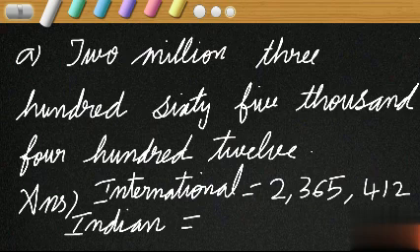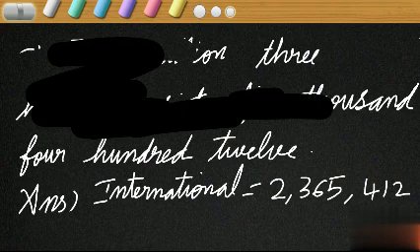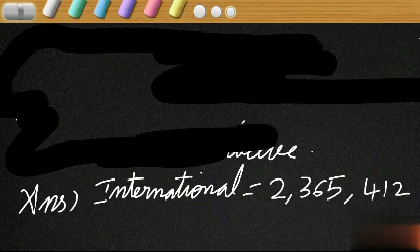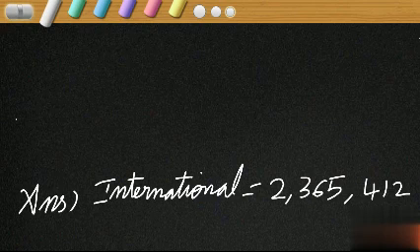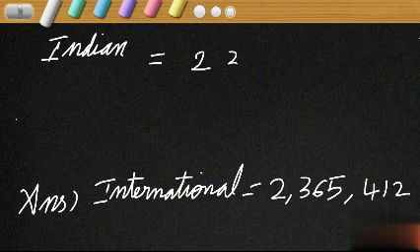So what is the number? 2, 3, 6, 5, then 4, 1, 2. This is the number, isn't it?